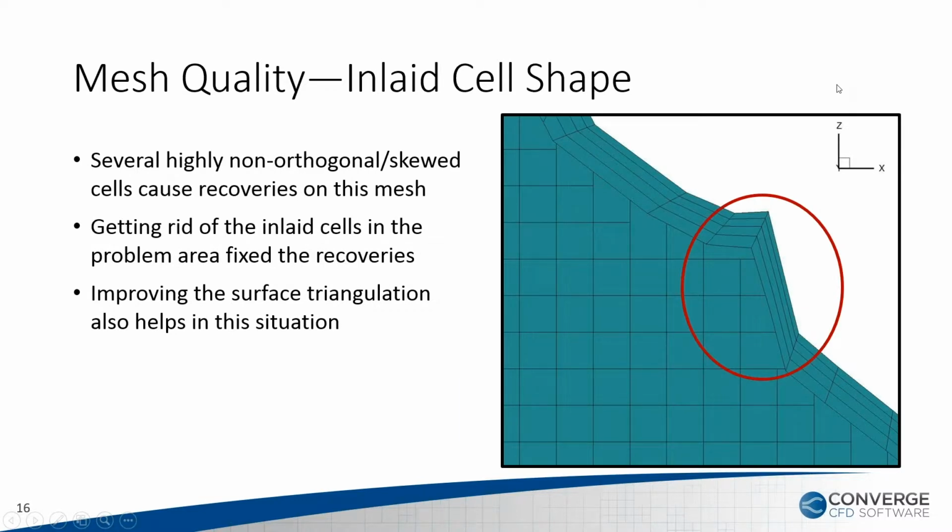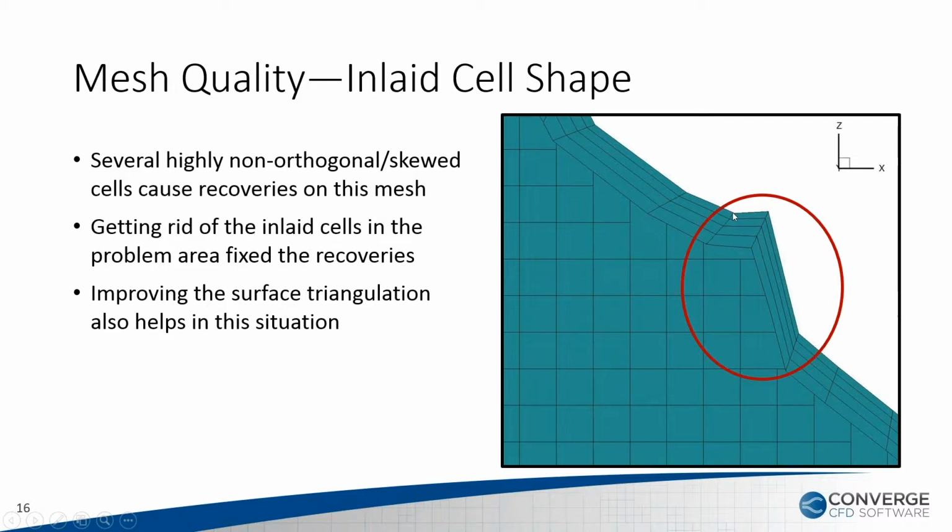So another aspect that is tied to the surface triangulation is the shape of the inlaid cells you can get. In the image shown here, we have an inlaid mesh that was extruded from a wall boundary. As you can see, there was a sharp corner at the wall, and we just have two triangles going over the corner.